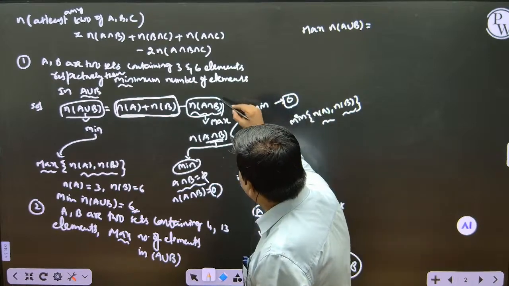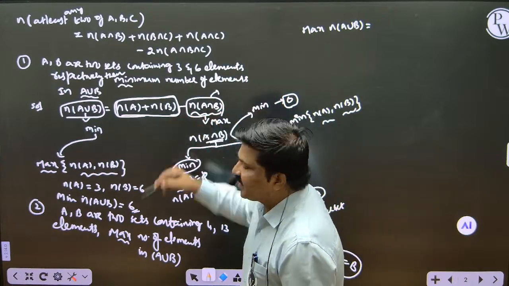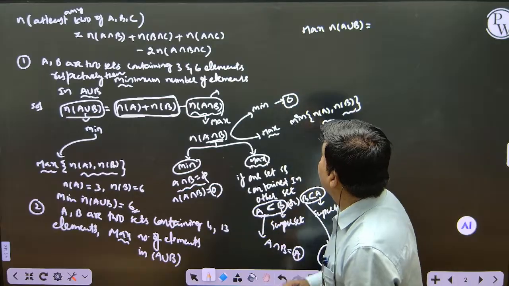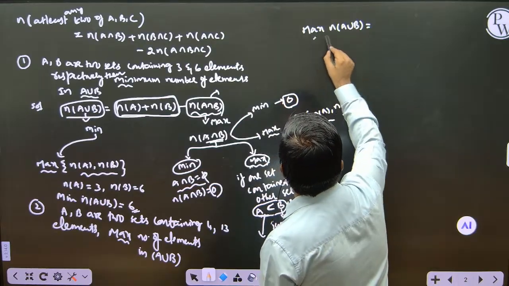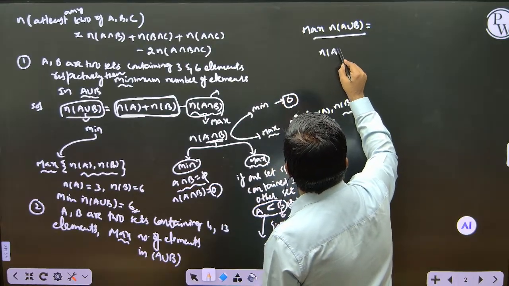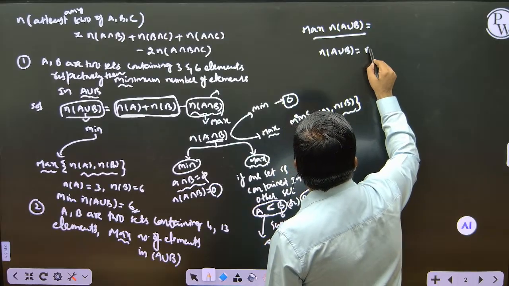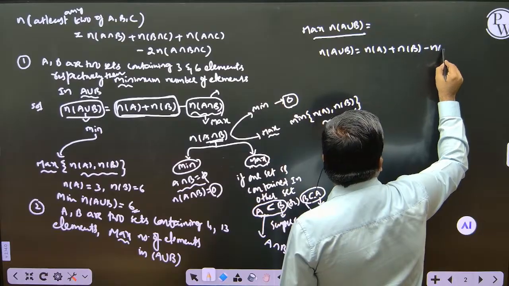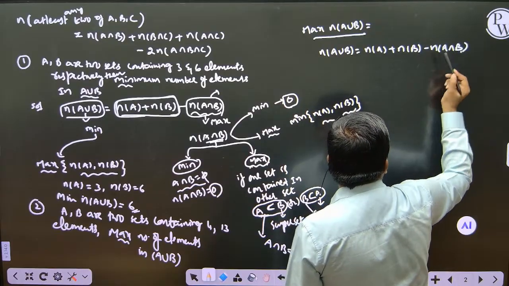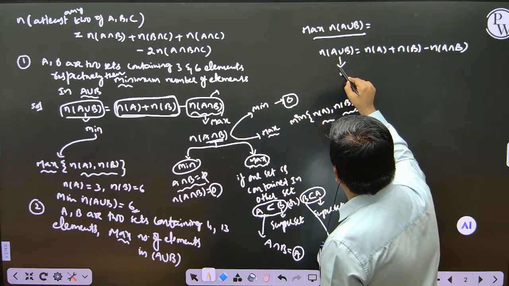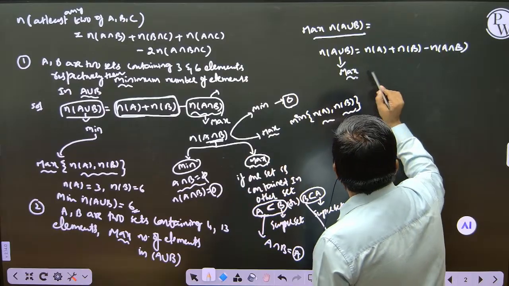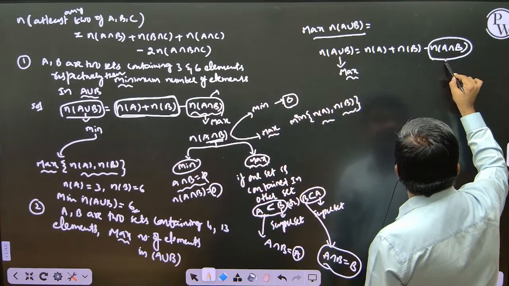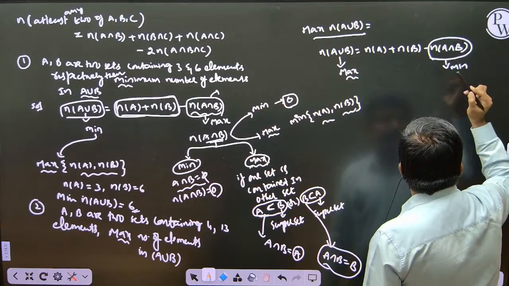When the subtracting part is a minimum, you get a maximum, or not? So as you know, n of A union B, what is the formula? n of A plus n of B minus n of A intersection B. So this becomes a maximum when the subtracting part is what? Minimum, or.